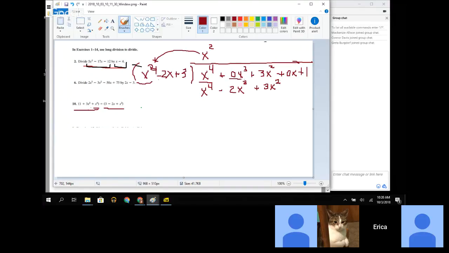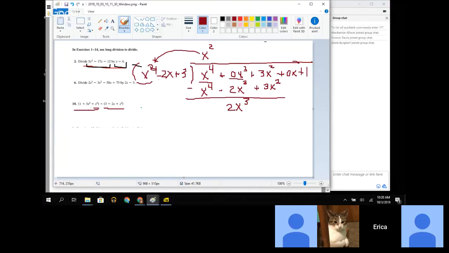So this is why I need to put my zeros in, because even though I don't have that in my original equation, when I do my long division, I might actually cancel one out. Okay, so now I'm going to subtract. x to the fourth minus x to the fourth is just 0. 0x cubed minus a negative 2x cubed is 2x cubed.